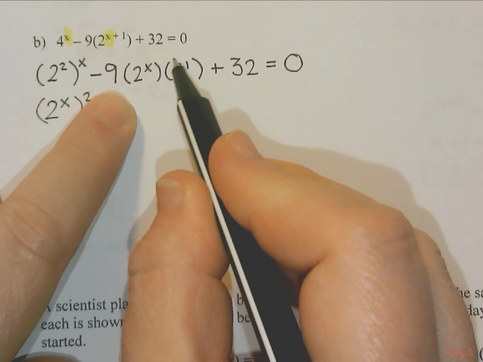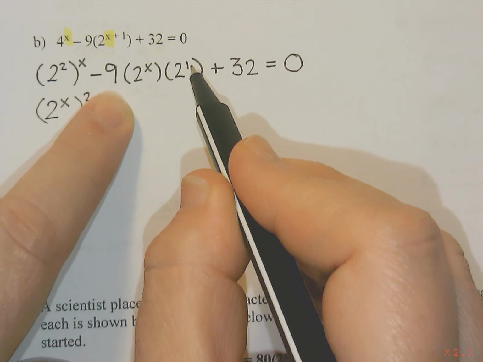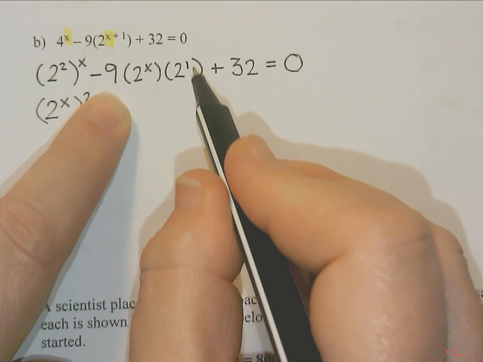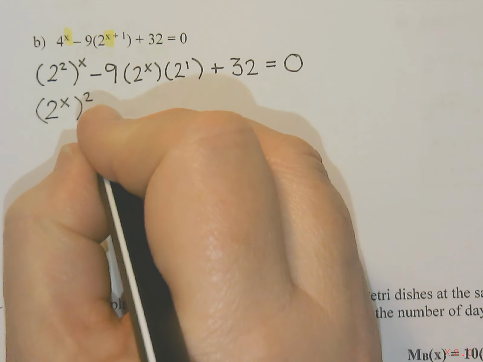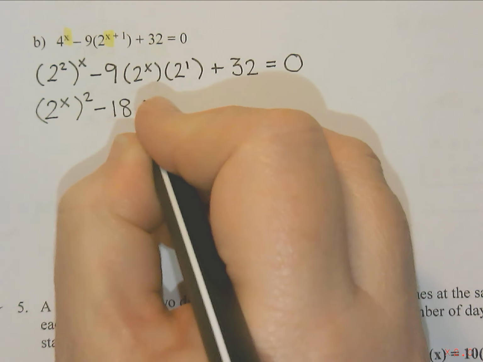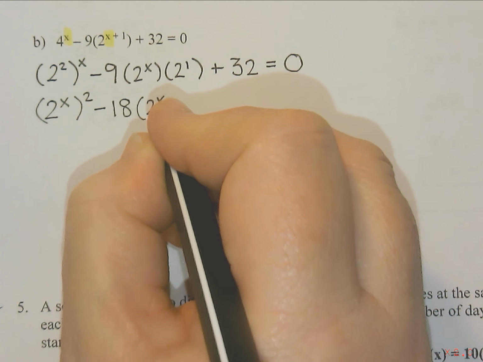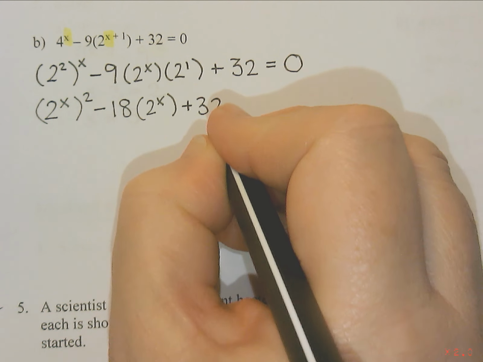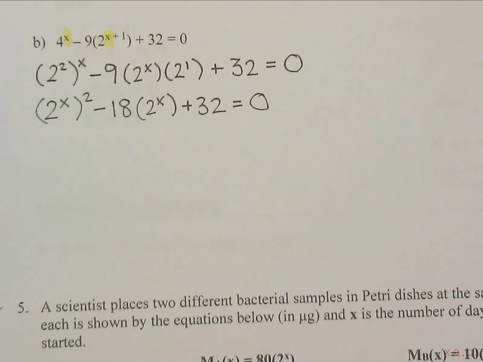On my middle one, 2 to the power of 1 is 2. And if I bring that to the front, there's a 9 there, so I would multiply the 2 and the 9 to get 18. So minus 18 times 2 to the x plus 32 equals 0.